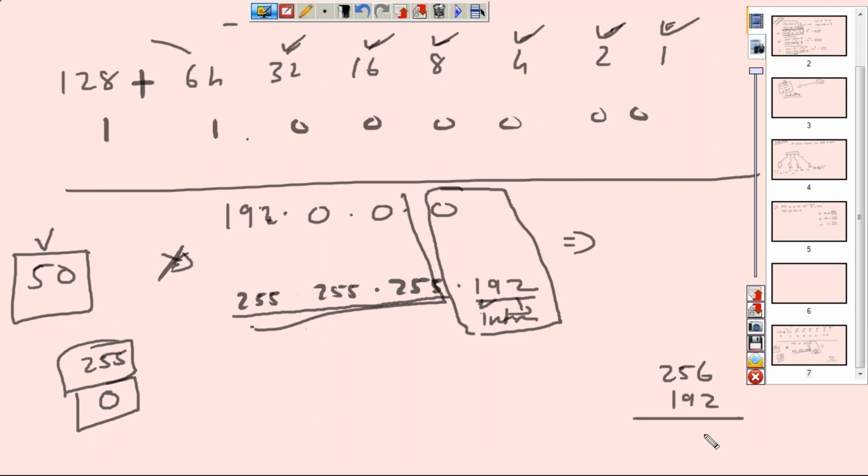And always remember, networks can be made only in these boundaries. You cannot have a network of 25. You can either make a network of one or two systems, or four, or eight, or 16, or 32, or 64, or 128. You cannot go and make a network of, let's say, 25 machines. Not possible, right? Because you are using these bits here.